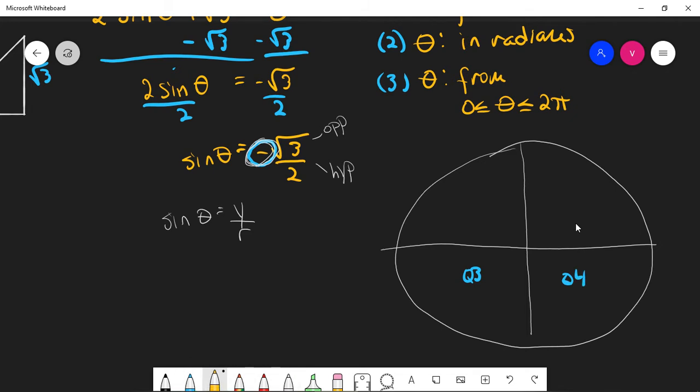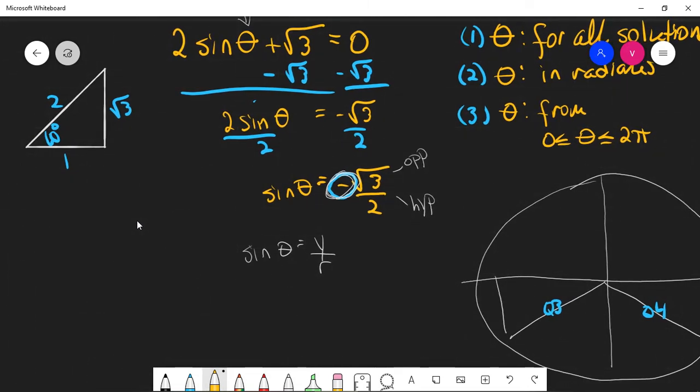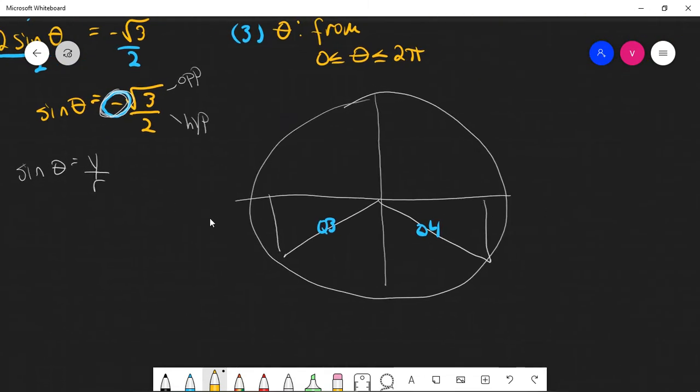So let's draw our triangle in here. We already determined that it is a 60-degree reference angle. So we'll put 60 degrees in quadrant 3 and 60 degrees in quadrant 4.